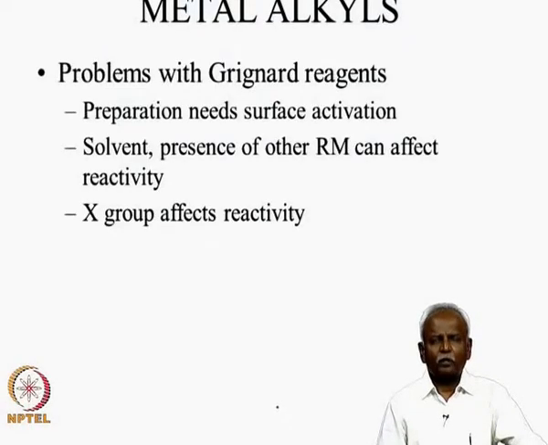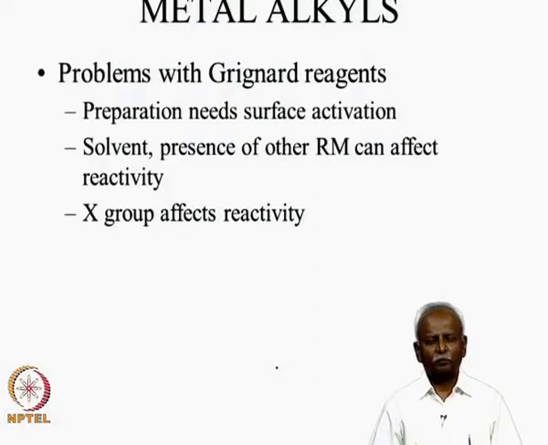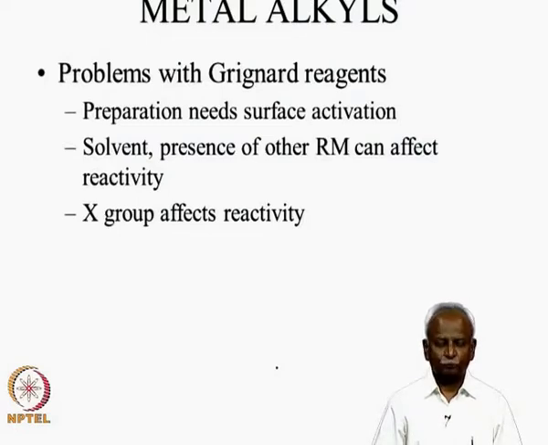Now, let us take a look at a little bit about Grignard reagents and the problems associated with Grignard reagents. Usually, the preparation is a bit difficult because you need a very clean magnesium surface, and the surface is usually contaminated with an oxide layer, and you need to clean it up with an acid wash and then subsequently wash it with a solvent which will not oxidize it, and a solvent which will coordinate to the incipient Grignard which is formed.